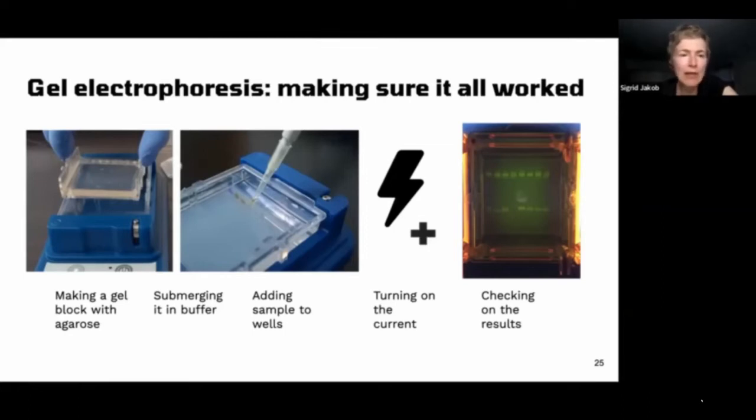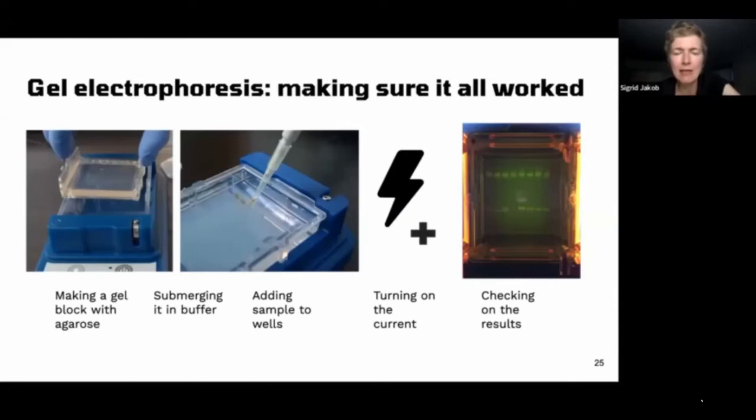It's got little holes, so-called wells, at one end, and you submerge it in a little bit of buffer. In every single well, you inject a tiny little bit of your amplified DNA, and you put a stain on it. You can see the stain here.